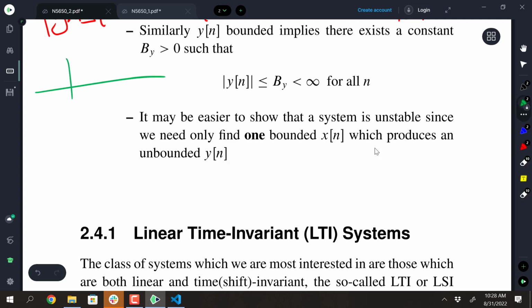The response to an input might be something like this, a step, but if we hit the input with another step rather than a delta, then the output's going to ramp up like that. It's going to go unstable.